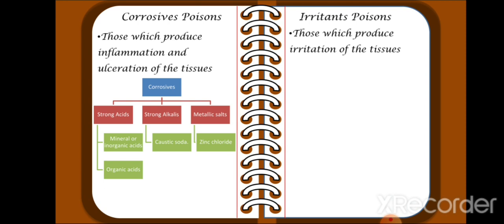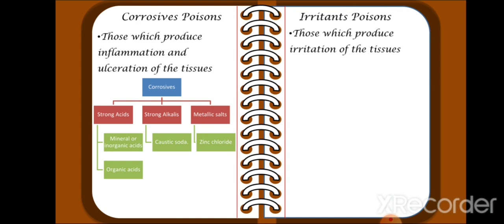Strong acids are further divided into two types: mineral or inorganic acid and organic acid. For example, carbolic acid is an organic acid and H2SO4, sulfuric acid, is an inorganic acid. Strong alkali, like caustic soda, is the best example. It is corrosive and acts as a poison, so it is categorized under corrosive poison. And metallic salts, like zinc chloride.